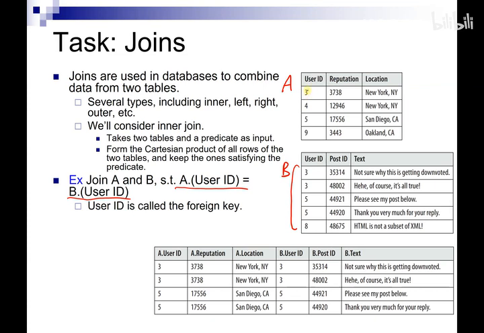So when you combine A with this first row, we're going to keep that because the user IDs match. When you combine A with the second row, the user IDs also match, so we're going to keep it. But when you combine A with the third row and all of the other rows, the IDs don't match, and so we're not going to keep those. So we're going to keep this one and these 2 things, and you see that this is going to be part of our output. This is the output from the join operation using this predicate.